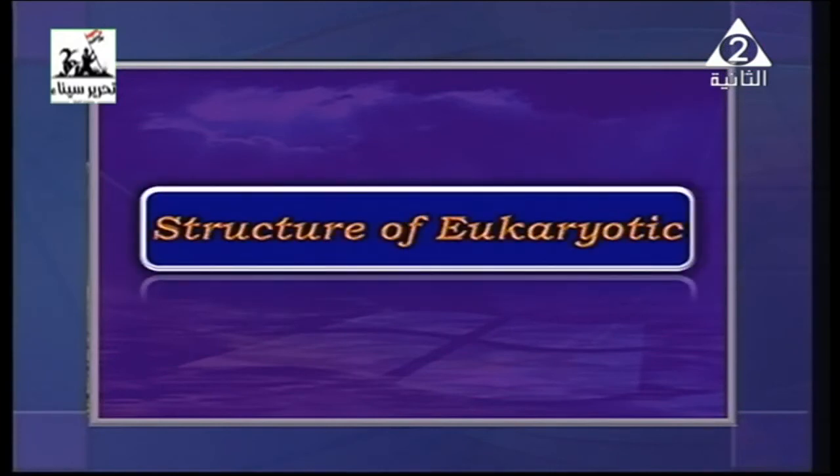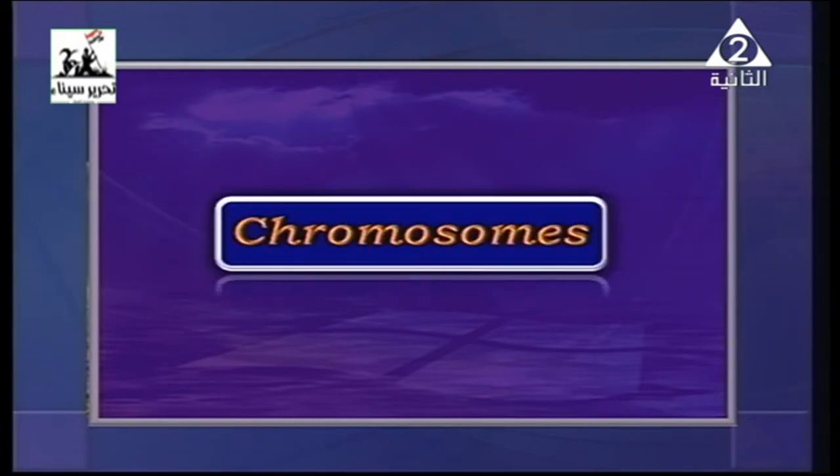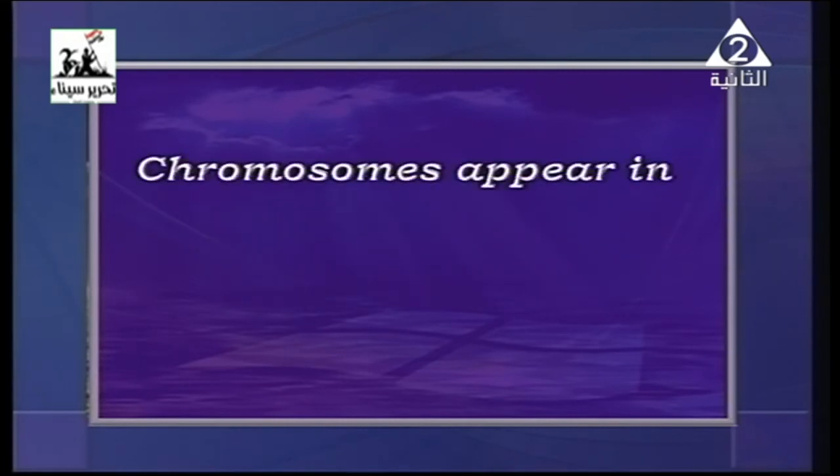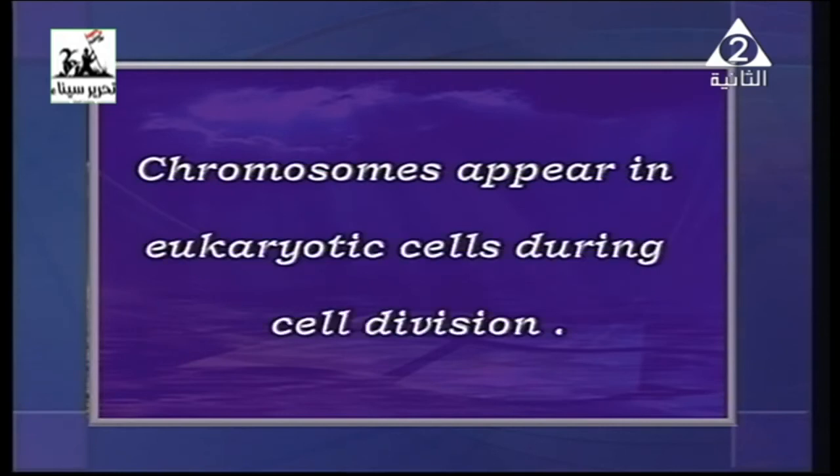The structure of eukaryotic cells. The chromosomes, starting with the chromosomes. Chromosomes appear in eukaryotic cells during cell division. Let me remind you of cell division.